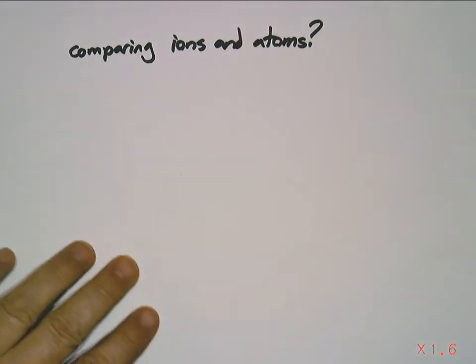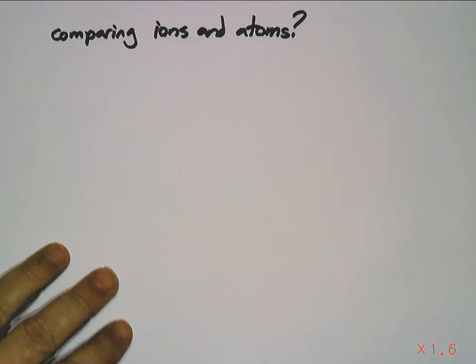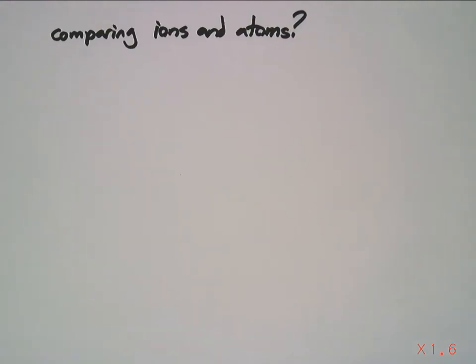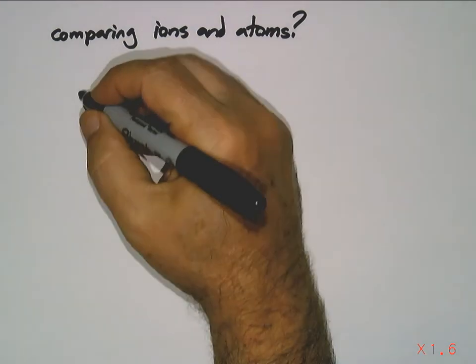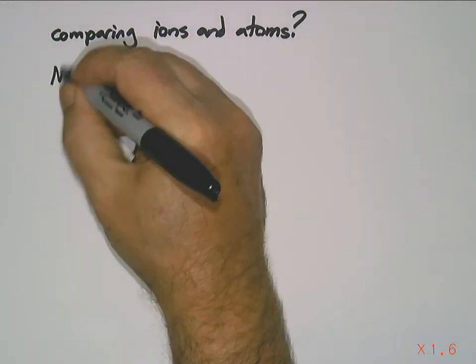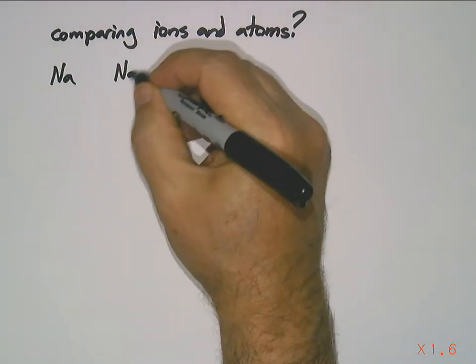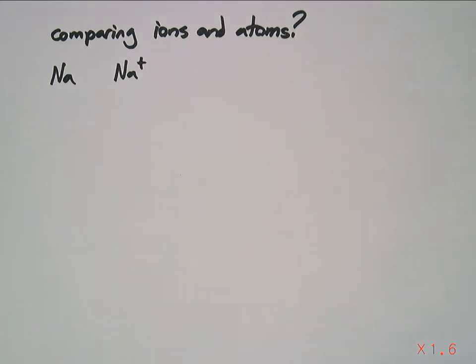What do I do then? You can't just do what we just did. That's only for comparing atoms. Well, let's suppose I want to compare a sodium atom with a sodium ion and see which one's bigger.